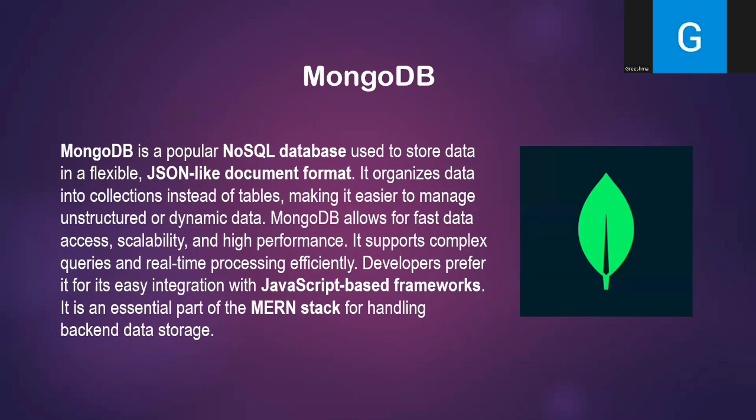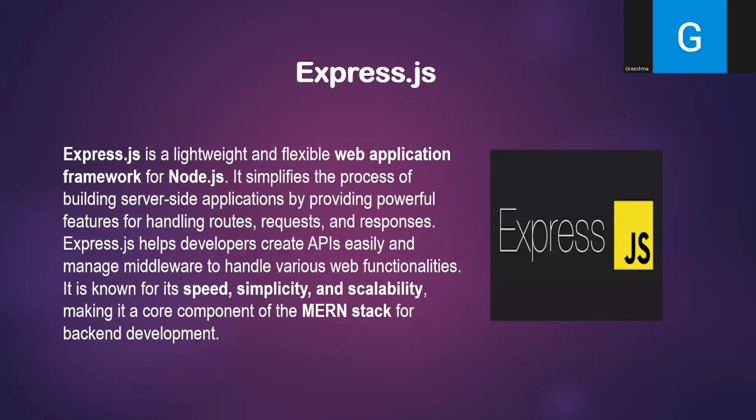Once the data is stored, the next step is to manage it in the backend. That's where Express.js comes in. Express.js is a backend web framework built on top of Node.js. It helps developers manage routes, requests, and responses easily.